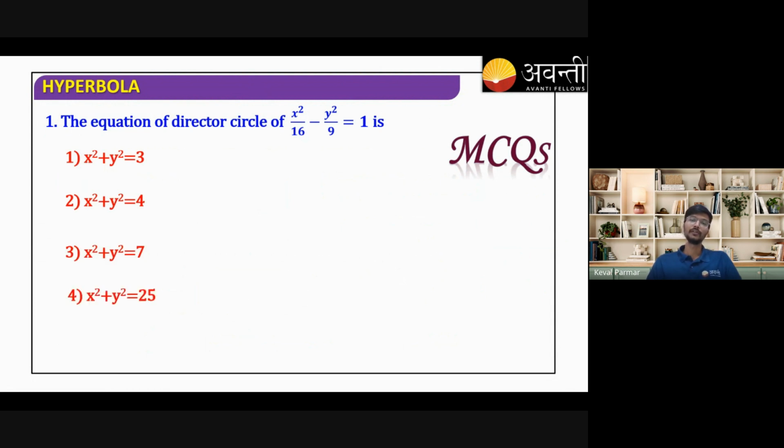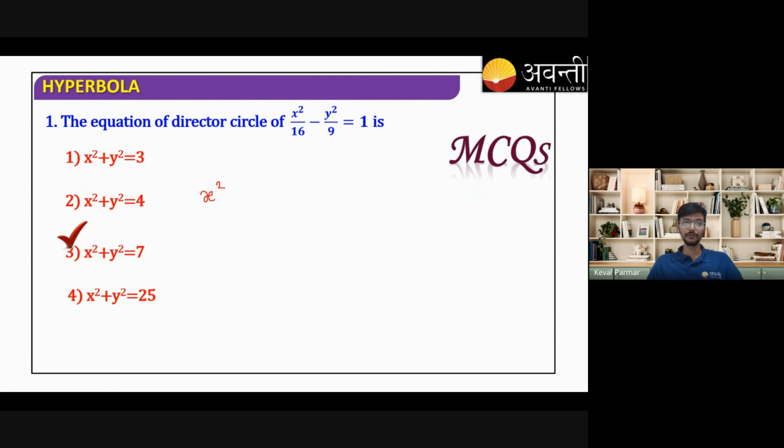The equation of director circle. Come on, guys. What is the equation of the director circle? The equation of the director circle was x square plus y square equals to 7. How did I get it?